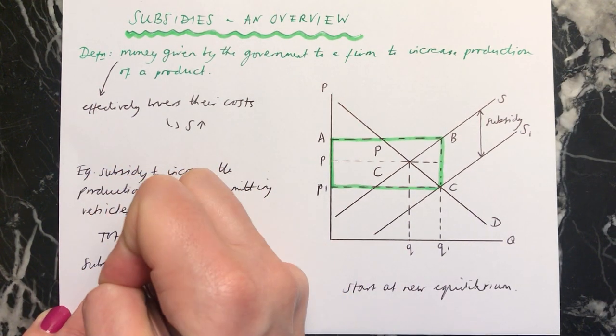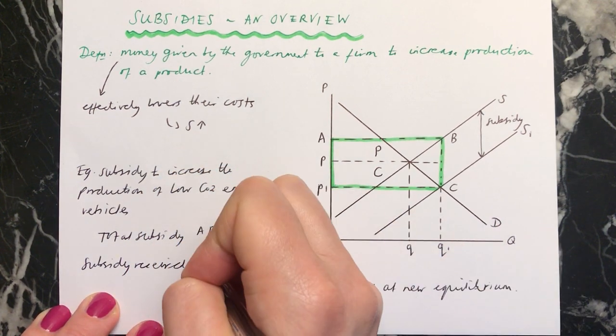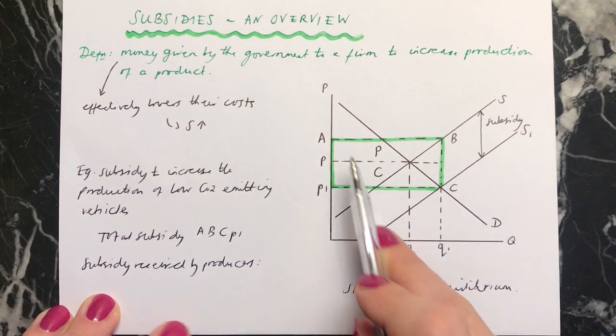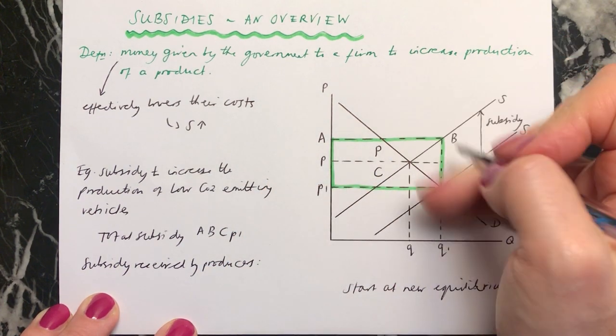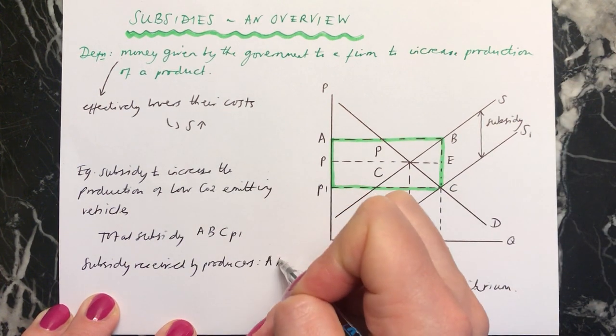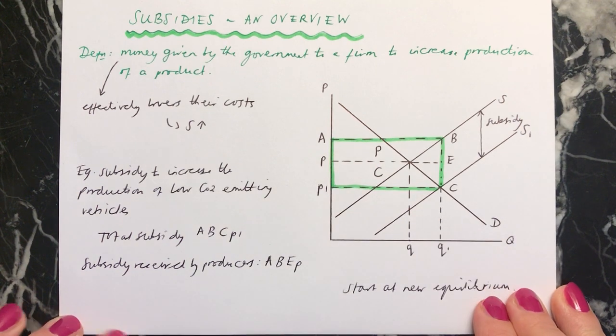The subsidy received by producers in this diagram is the area A, B, E, P.